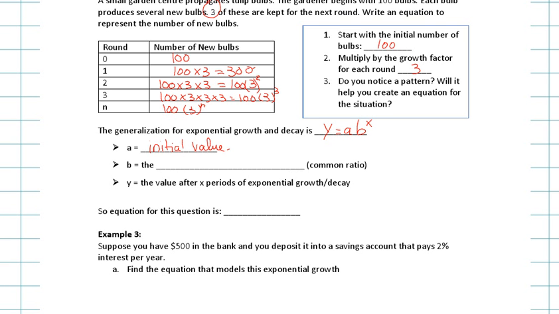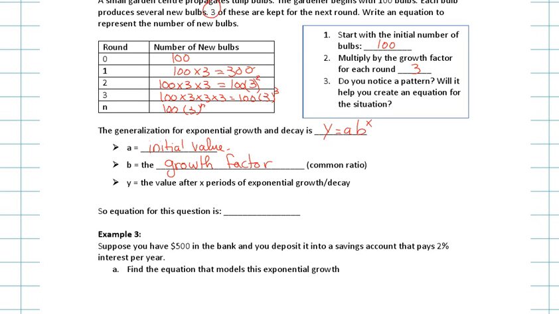What do we call b in this case? That's your base, your growth factor, or common ratio. It's called the growth factor because in this case it's growth. If it's decaying, it's the decay factor. And y is the value after x periods of exponential growth or decay.